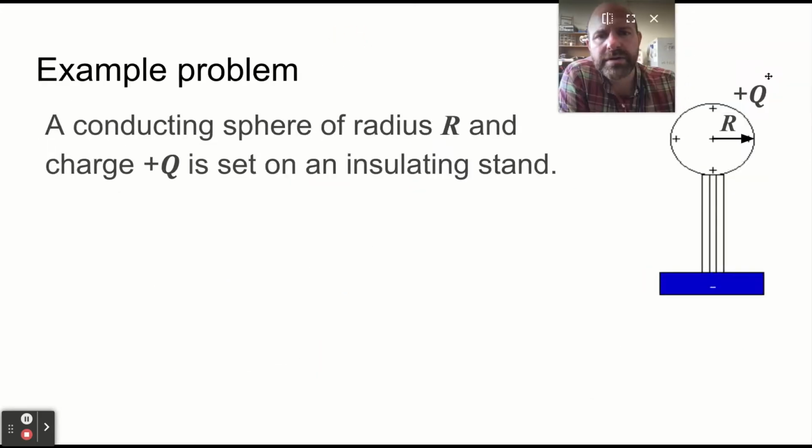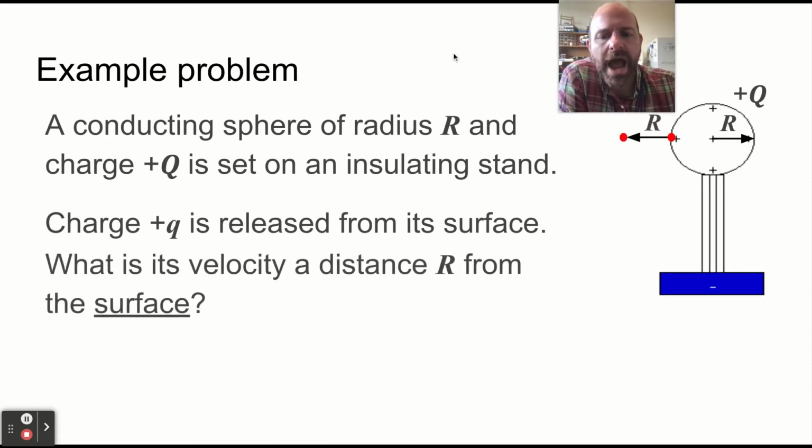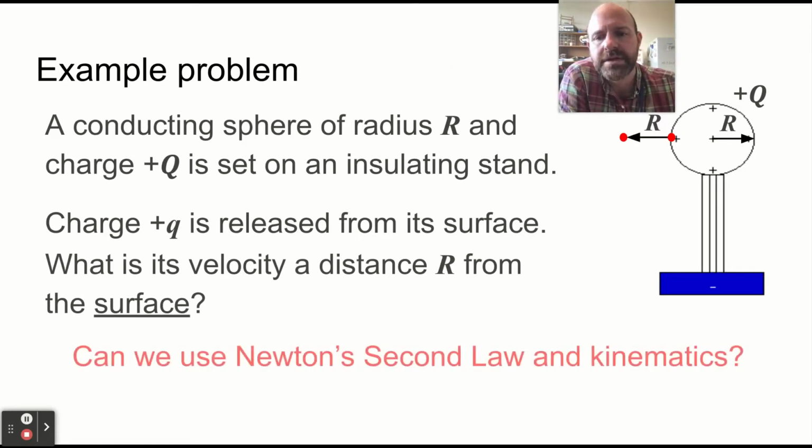Another example here that you can do is something like this. A conducting sphere of radius r and charge positive Q is set on an insulated stand. Charge positive q is released from its surface. How fast is it going when it's a distance of r from the surface? Can we use second law in kinematics here?